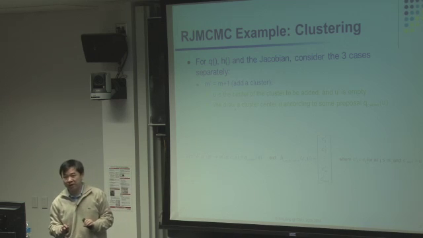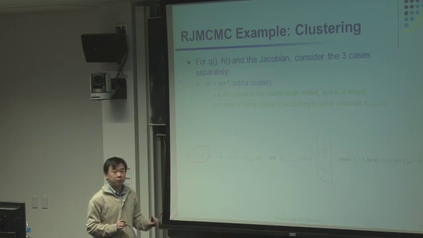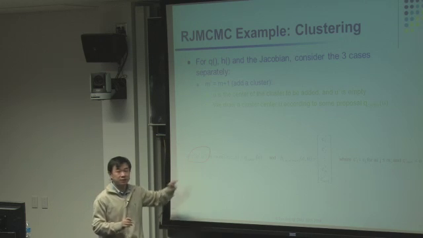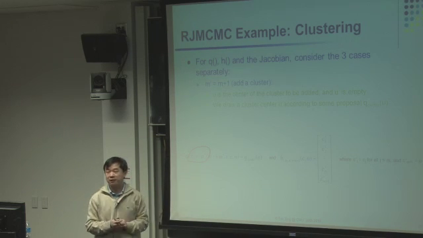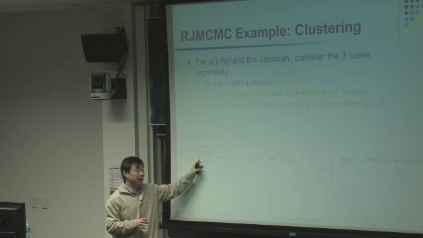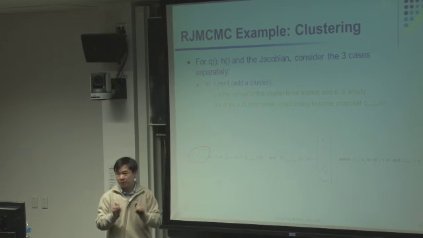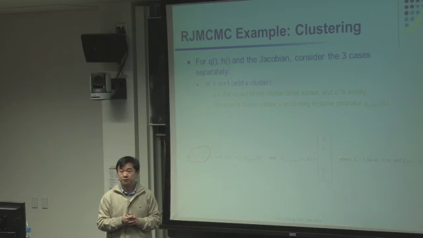If you are going to implement this algorithm, what actual proposal are you going to use? I wrote x here just for a very generic representation. But let's assume x are the actual data points, c are the cluster centers. Then what are the actual variables that you want to sample from?